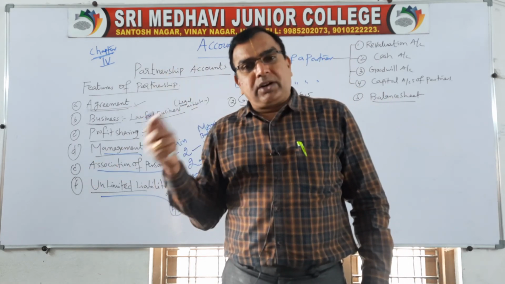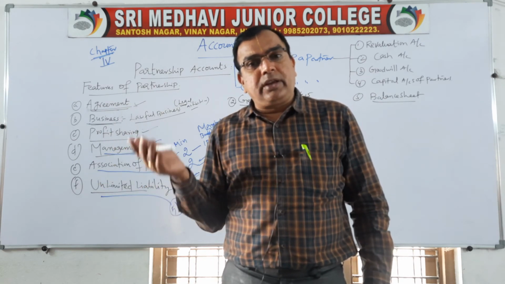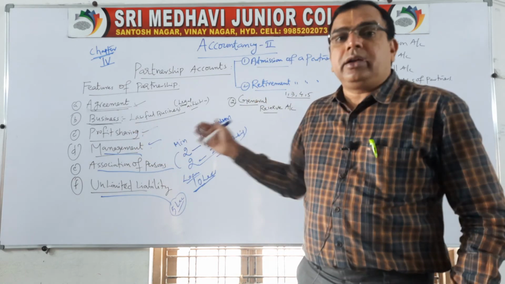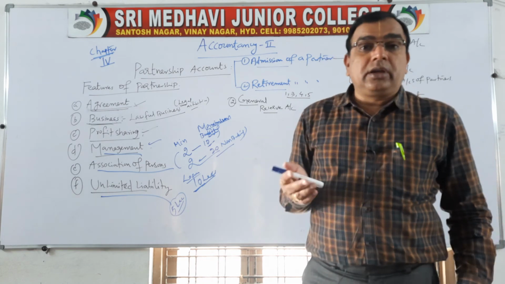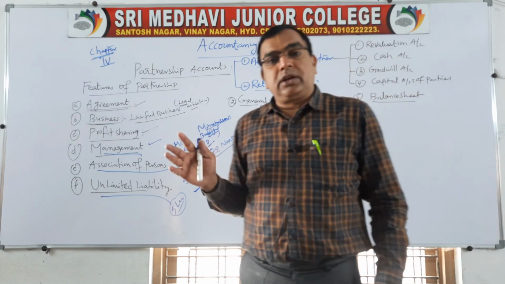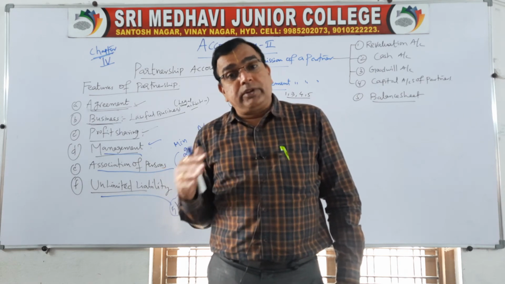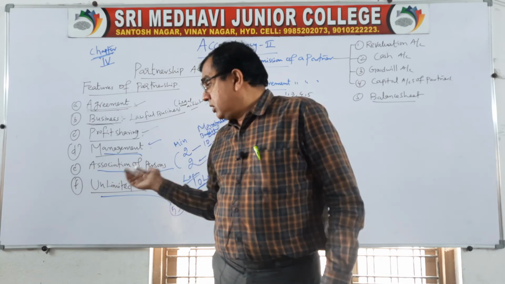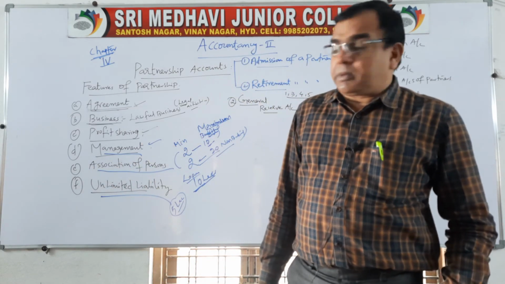Whatever valuables they have at home, maybe furniture, maybe jewelry, their personal money, they have to bring and clear the business loans. So it is very dangerous. That is the reason all these non-corporate business units like sole trading and partnership are to be managed with the utmost care and caution. Otherwise, there is a danger of losing your private property also.